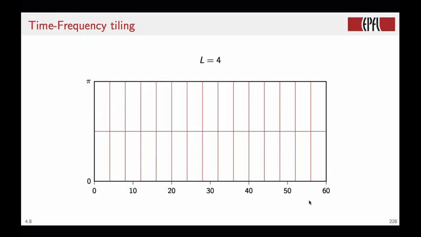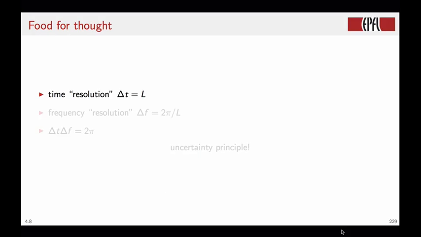Similarly, if we shorten the window even more, we have a different arrangement of the tiles, but the size of each tile remains the same. This is actually quite self-evident. If the time resolution is L, the frequency resolution is 2π over L, and therefore the product, namely the area of each tile, is the constant 2π.